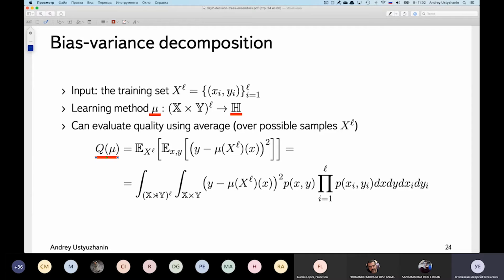It is an integral over all samples, over all the space that we have, of this MSE term multiplied by probability, and multiplied by all probabilities of getting items from the initial training sample. So it is quite complicated, but it is a true statement.